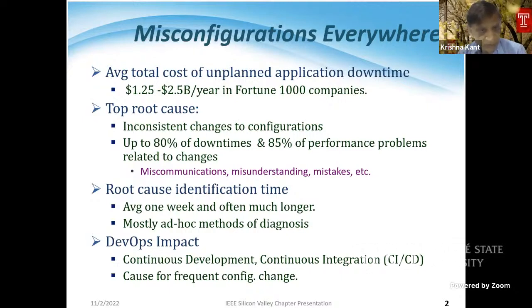They cause billions of dollars of lost productivity in Fortune 1000 companies. They are responsible for a lot of the downtimes and performance problems that you typically see. Even worse, when there is a problem, to diagnose that problem takes on the average 1 week, and sometimes much longer.